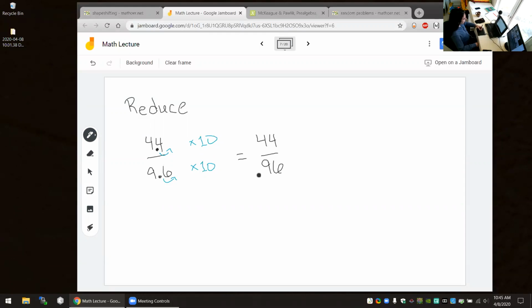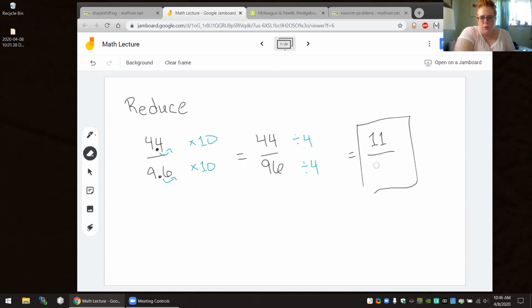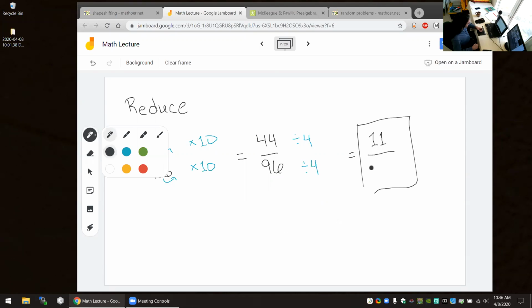Instead of 440 over 96, now it looks nicer. That's going to be what, 19? Did I do my mental math right? Oh, 24. Yeah, my calculator said 24. I was trying to be too fancy with my mental math. Okay, there we go.